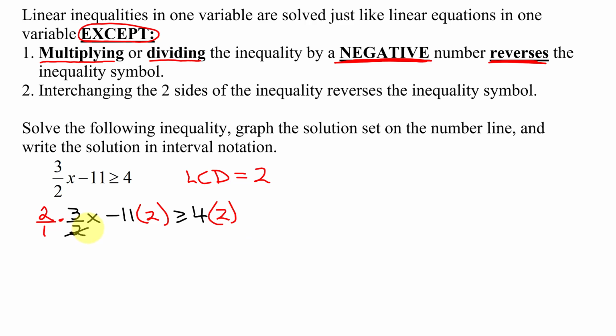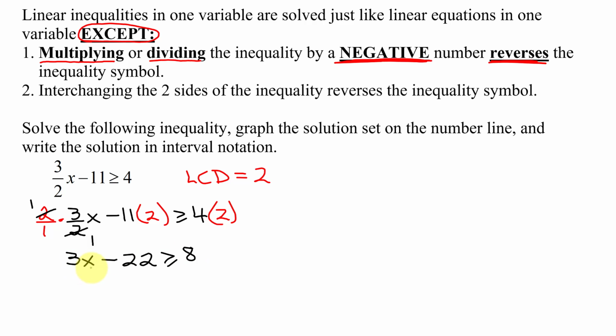Now simplifying, my 2's reduce. I get 1 times 3x divided by 1, which is just 3x, minus 11 times 2 is 22, is greater than or equal to 4 times 2 is 8.